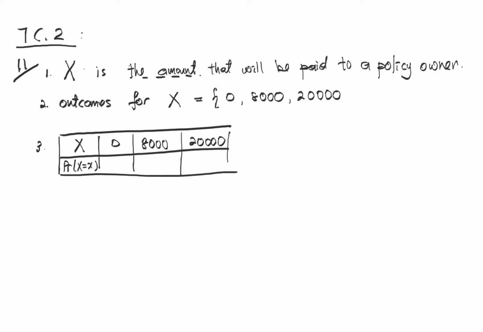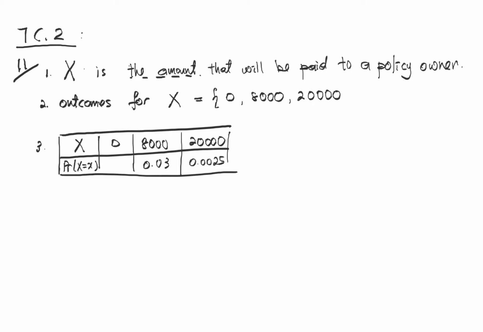See or not? So what is the probability that the insurance company has to pay the policy owner 20,000? 0.0025. How about 8,000? 0 point.